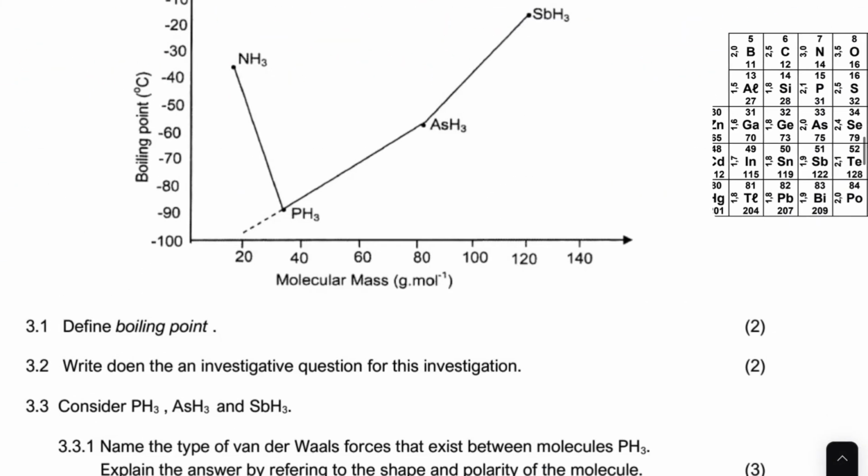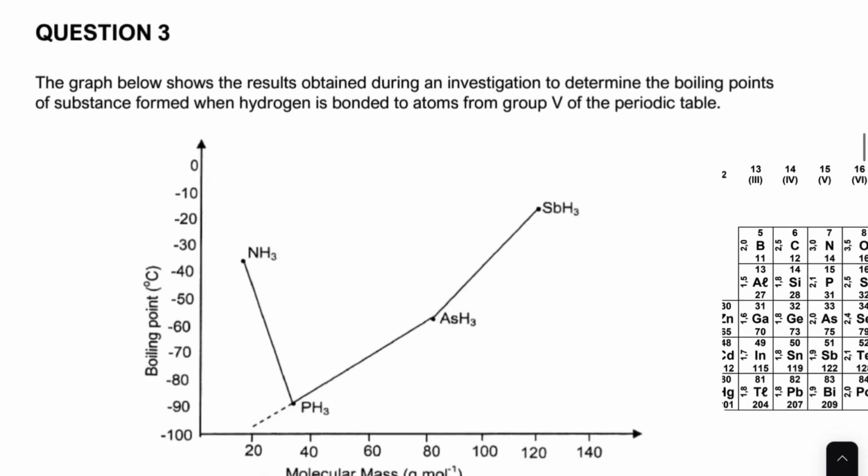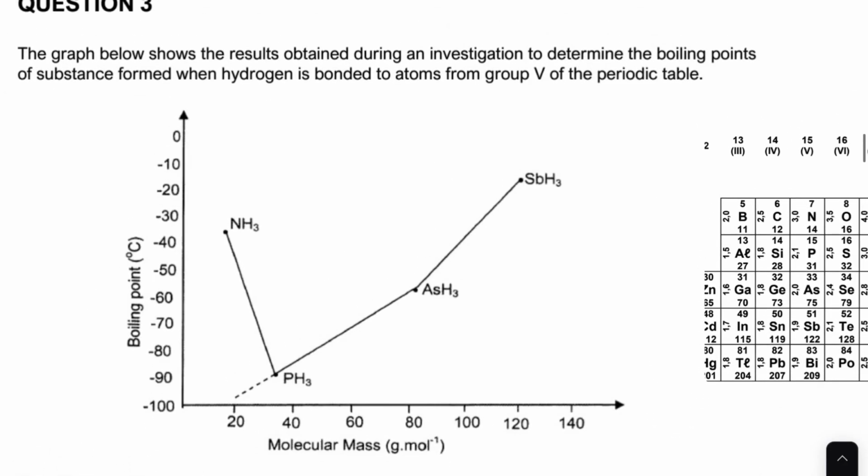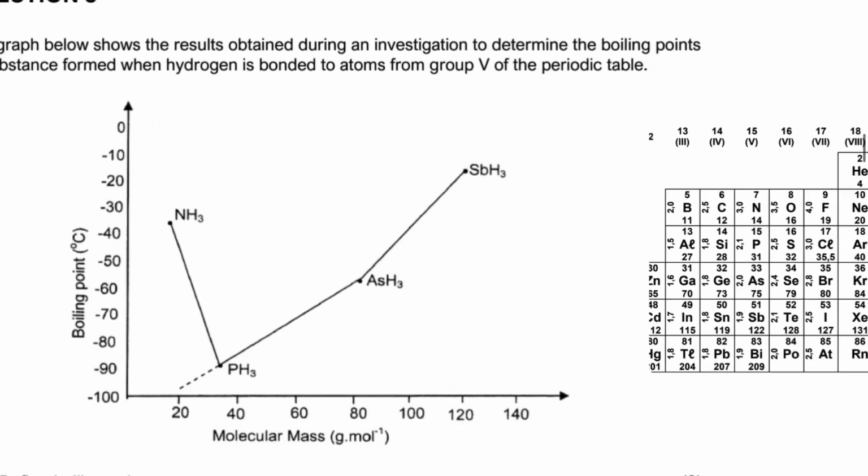Okay, let's move to the very last question, guys. If you have this graph, let me read it. The graph below shows the results obtained during the investigation to determine the boiling points of the substances formed when hydrogen is bonded to the elements from group 5 of the periodic table.